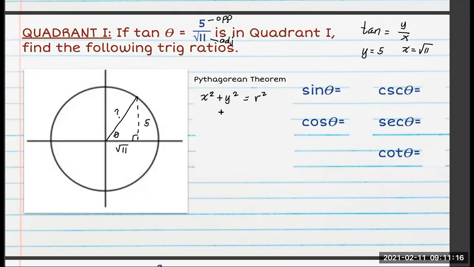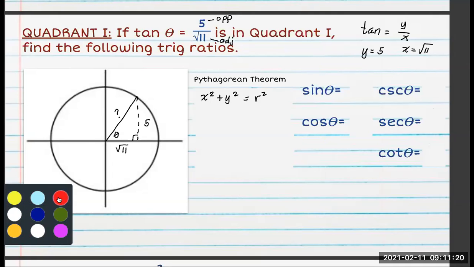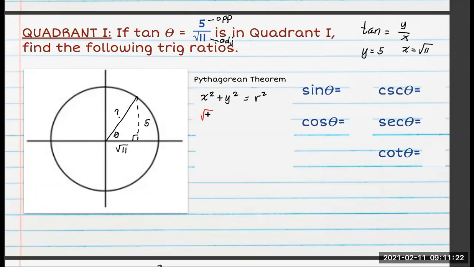Okay, so let's plug this in here to find r. So we have square root of 11, that's your x. We square that. And then your y is 5. Square that is equal to r squared. Okay? Now, square root of 11 squared is 11. 5 squared is 25 equals r squared.